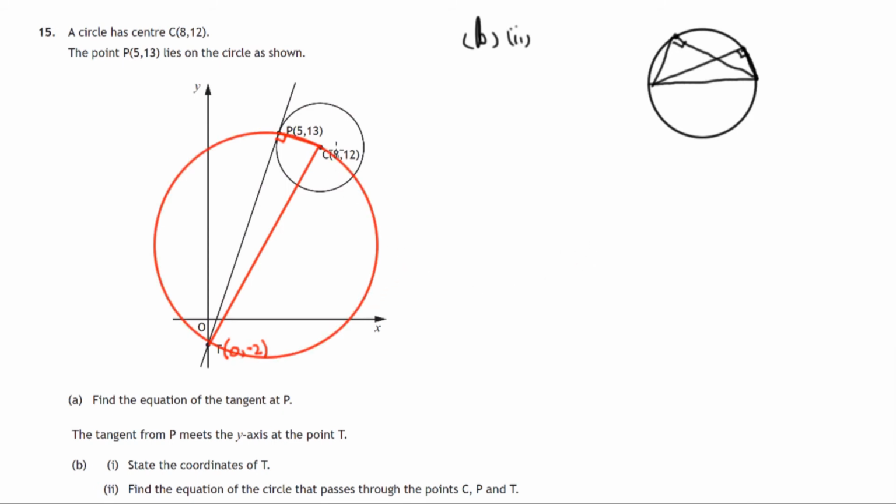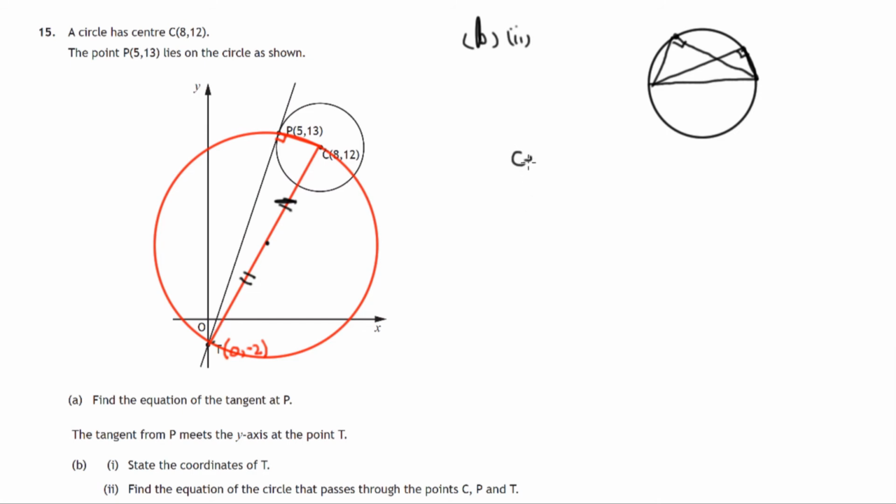There's CT as the diameter, and CPT is an angle in the semicircle, therefore it's a right angle. So the centre of this circle is going to be the midpoint of the line CT.